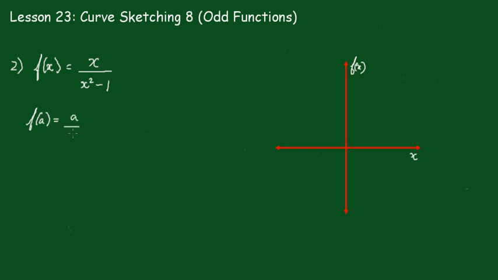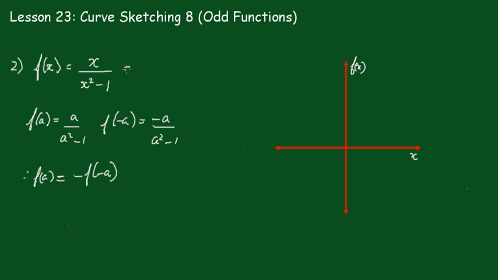We get a over a squared minus 1. f(-a) is equal to minus a over, now when we square this becomes just a squared minus 1, and therefore we can see that f(a) is equal to minus f(-a). Therefore it's an odd function.